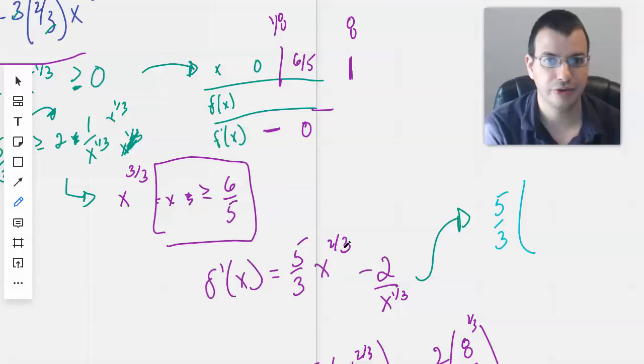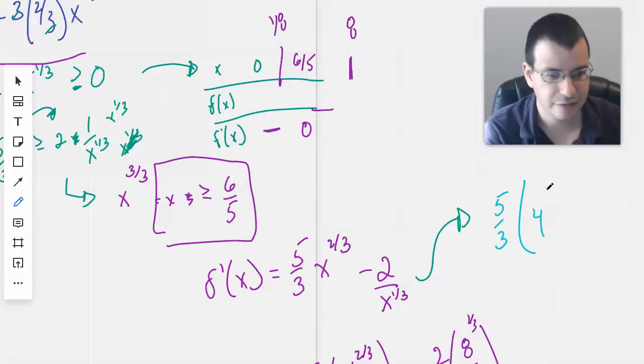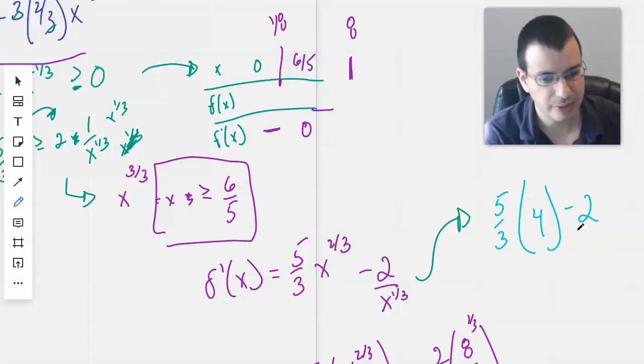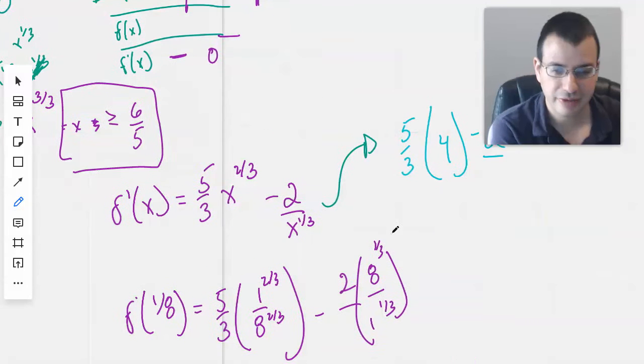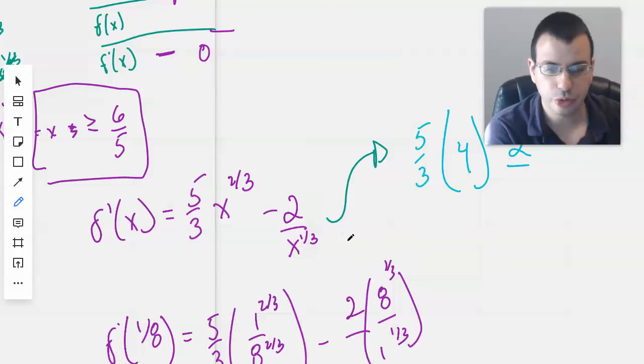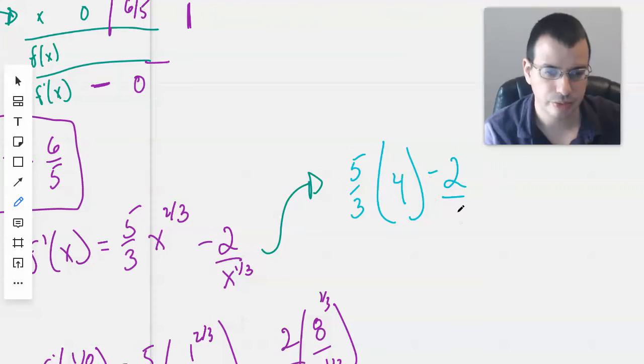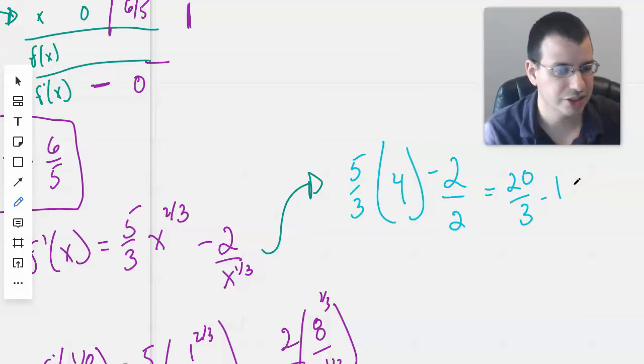Again, cube root of 8 is 2, 2 squared is 4, minus 2 divided by the cube root of 8, which would be 2. So we'll have 20 over 3 minus 1, which is 17 over 3, which is positive.